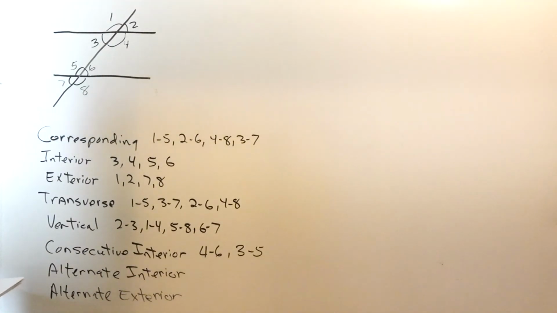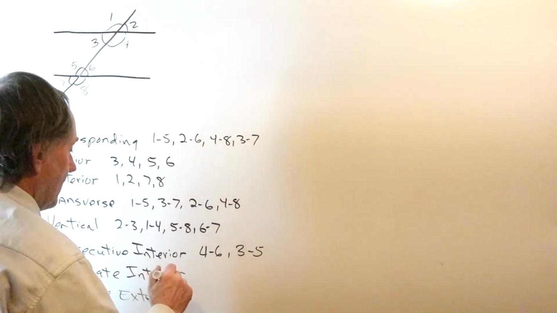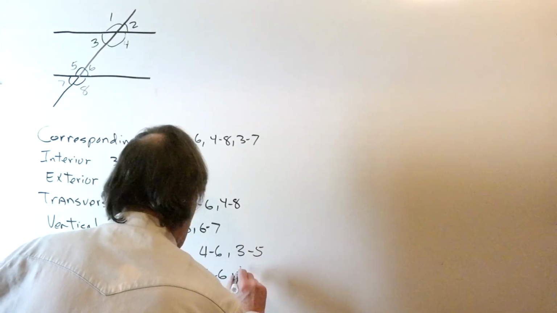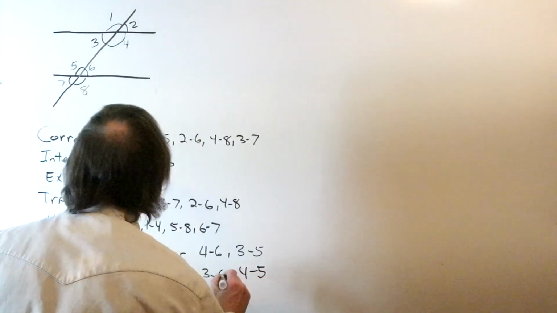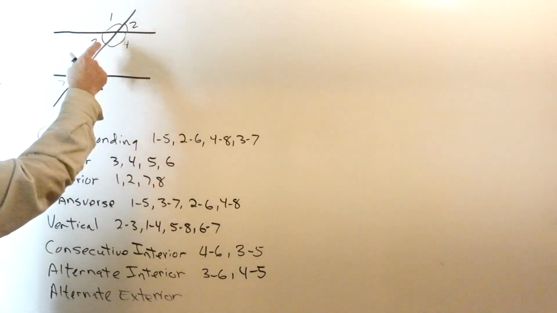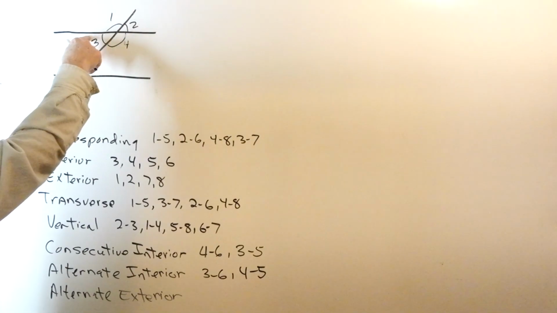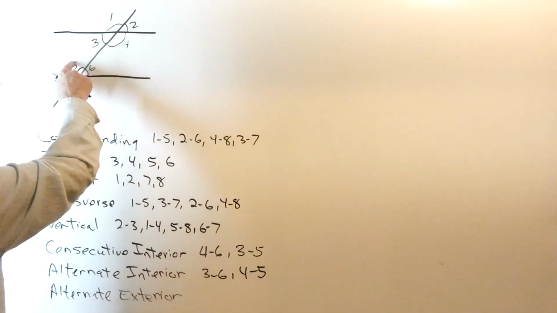The alternate interiors are 3, 6, and 4, 5. 3, 6 are alternate. They're on alternate sides of the transversal. So 3, 6, 4, 5.